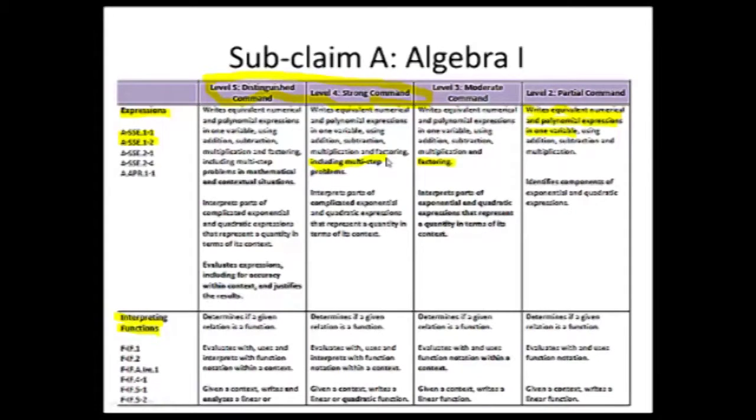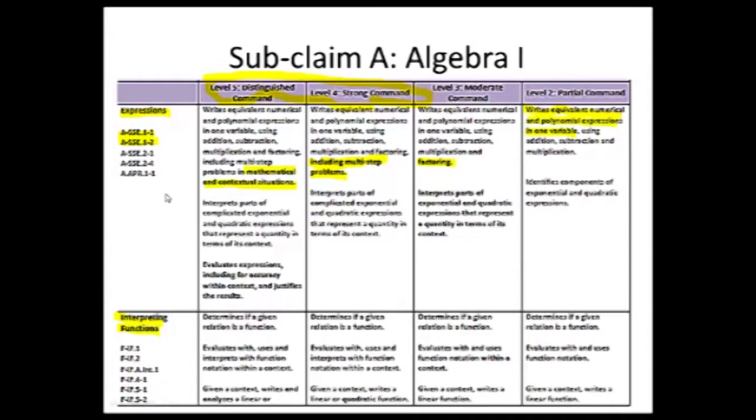Likewise, in order for that strong preparedness for the next level, we're going to include some multi-step problems, and then certainly for those students who are performing at the distinguished command, they will be able to do this not just with multi-step problems, but multi-step problems in mathematical and contextual situations. This is where you start to see that marriage of the content with the standards for mathematical practice.